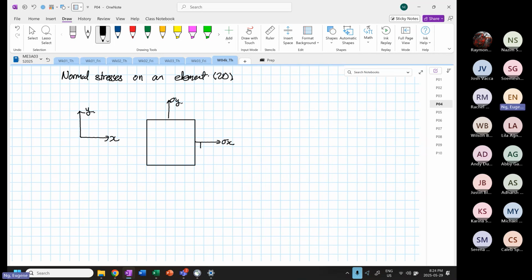Because on the surface, this is 90 degrees. So that is our normal stress. Okay, so stress X is the normal stress acting in the X direction.